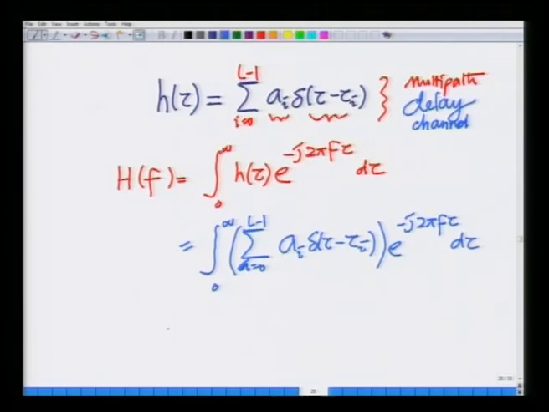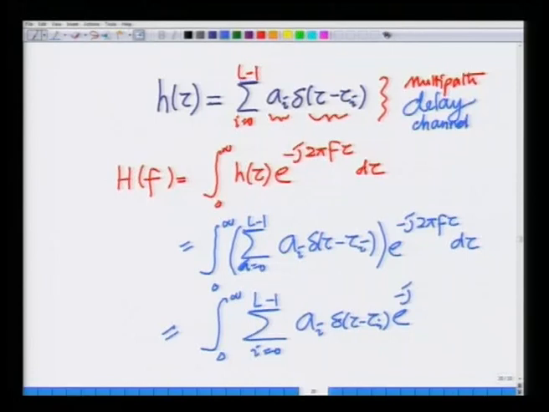This can also be represented by taking the e power minus j 2 pi f tau inside the summation, that is sum over i equals 0 to L minus 1 of a_i delta of tau minus tau_i e power minus j 2 pi f tau.